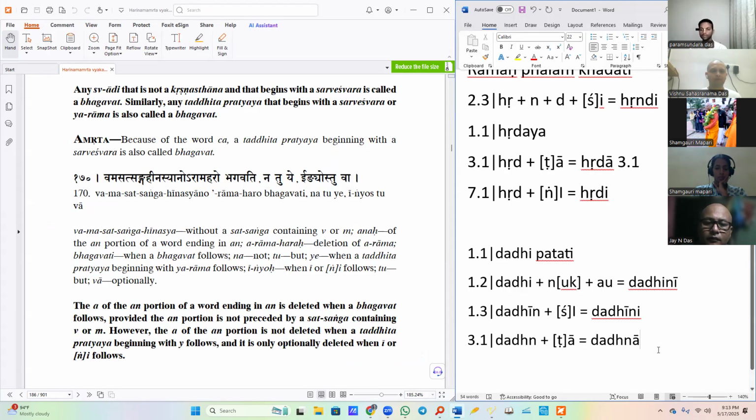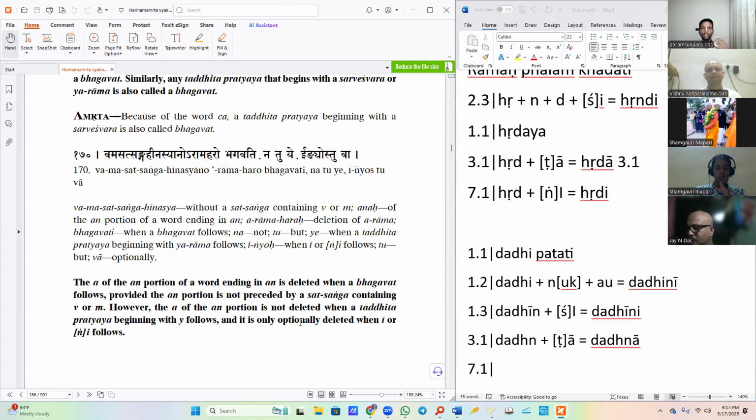So dadna, then dadibhyam, dadibhihi, then dadne 4.1, dadibhyam, dadibhyah, then dadnaha 5.1, dadibhyam, dadibhyah, dadnaha, dadno, dadnam. In 7.1, we will have two forms because the sutra says optionally we will delete a of un when ni is following.